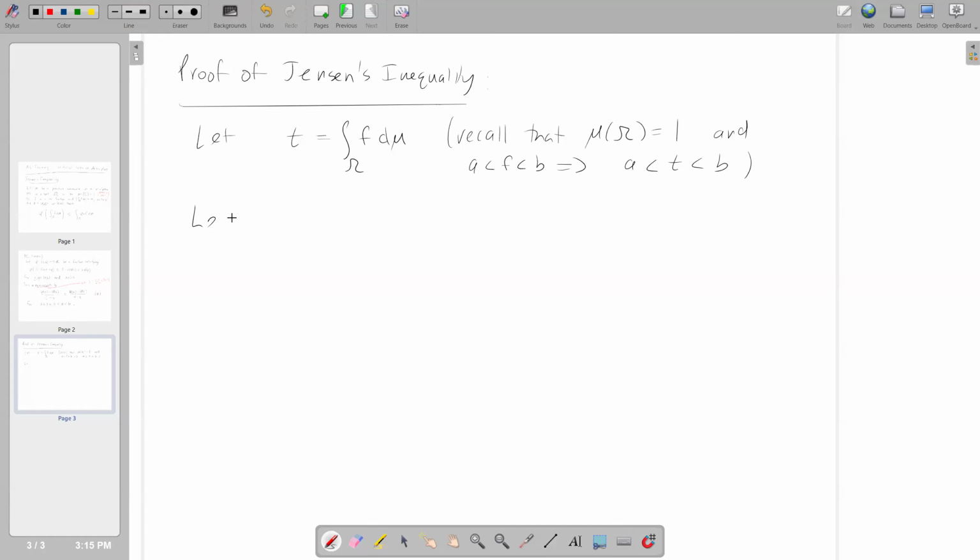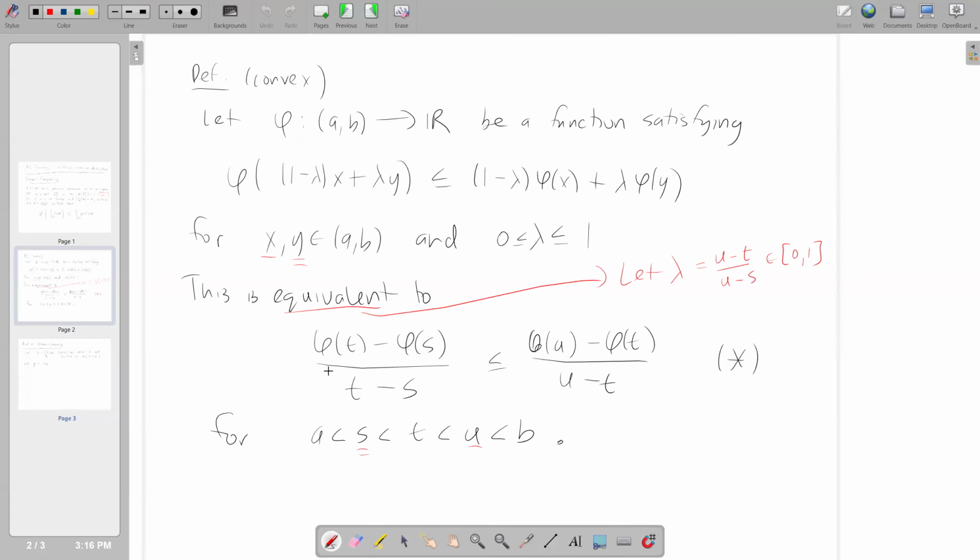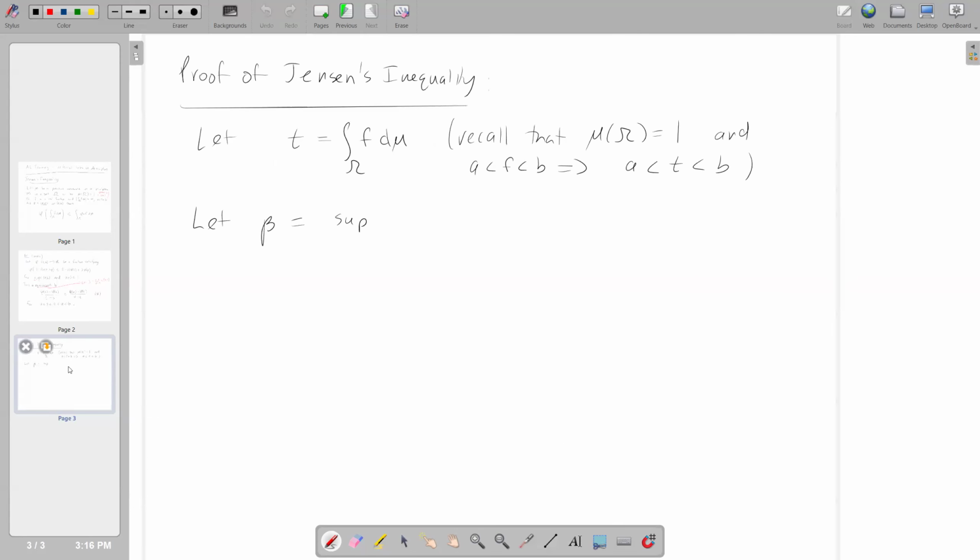All right. So now let beta equal the supremum of those quotients from the previous page. The quotients I mean here are the ones on the left side. Now remember, t is fixed. So we're going to take the supremum over s of phi of t minus phi of s over t minus s, where s here is between a and t.